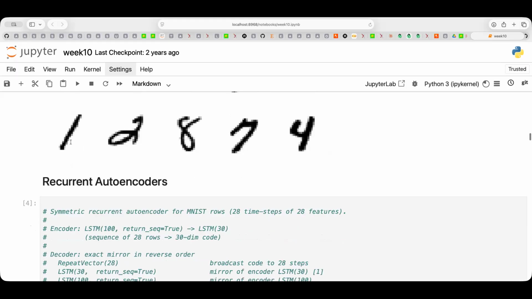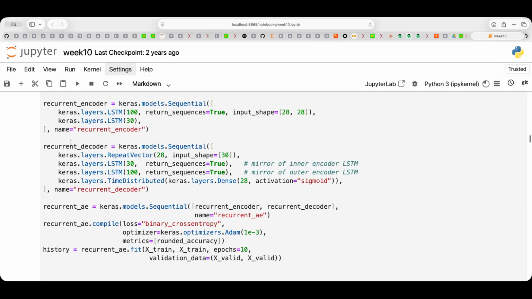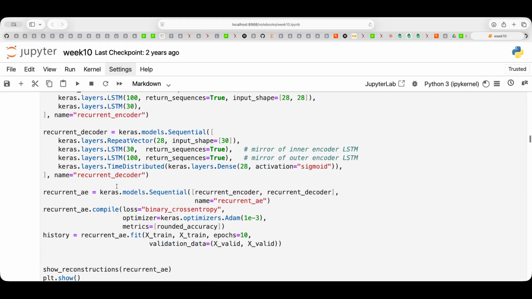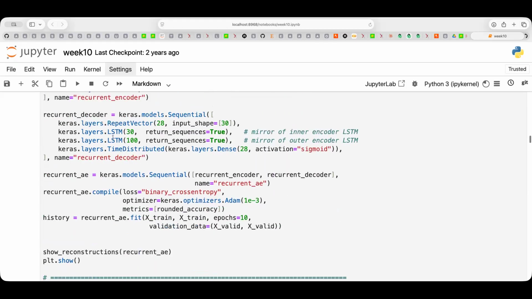And below here, you will also find an example where I just did a recurrent neural network, with the encoder and the decoder being symmetric, and this just takes the long short-term memory. So you can actually train on such data sets.